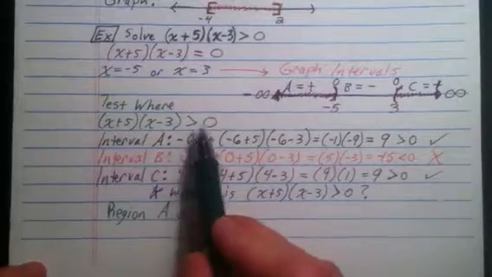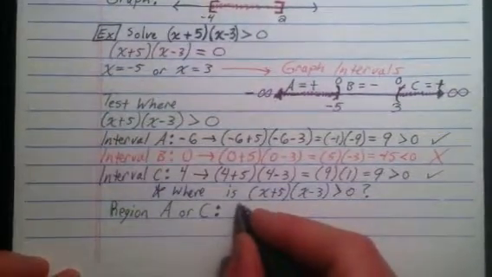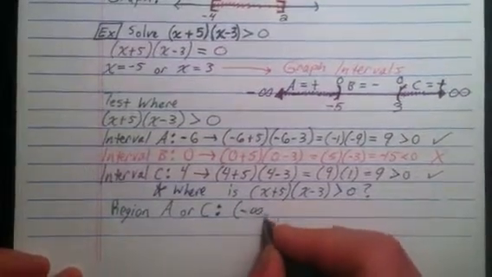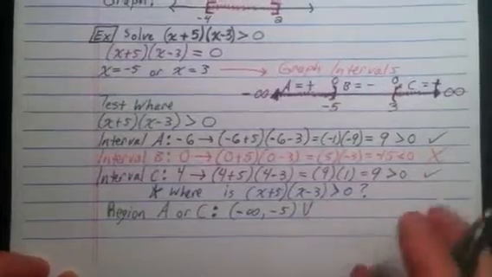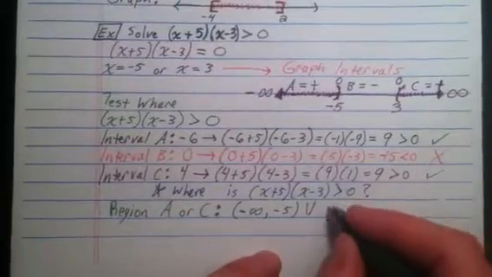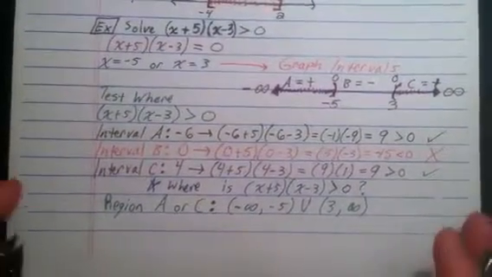If it had the equal to bar, then we would have had brackets, but it's just strictly a greater than symbol. So our region should be negative infinity to negative 5, parentheses, union positive 3, comma, positive infinity, parentheses as well.